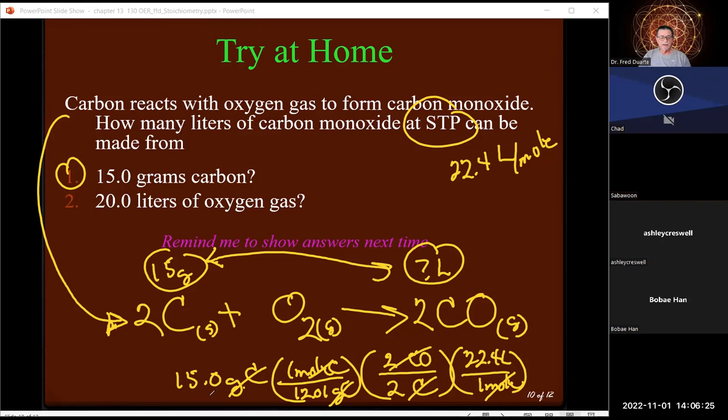Okay, so then I had to take the grams of carbon that we have and convert it to moles of carbon by dividing it by the atomic weight of carbon. Then from a stoichiometric relationship of carbon monoxide and carbon, that converts us to moles of carbon monoxide. And since we are at STP, we can then utilize the 22.4 liters per mole. And then once you do the math, you should come up with the answer, right?